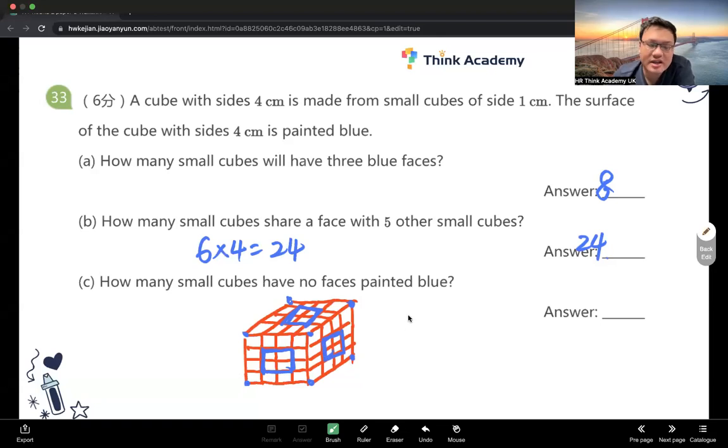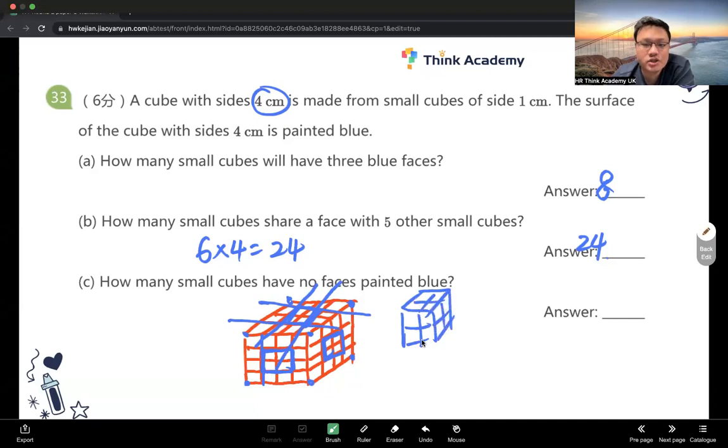And how do you get that number? It's pretty easy. You just use this 4 centimeters, take away 2. It's like you cut 1 from this place, and 1 from this place, and 1 from this place. Like that, you're going to get that small cube, which is 2 by 2 by 2 in the center.